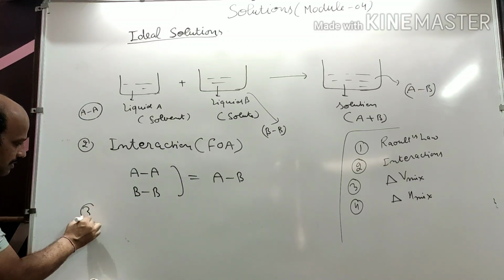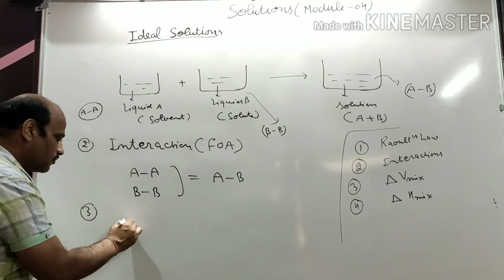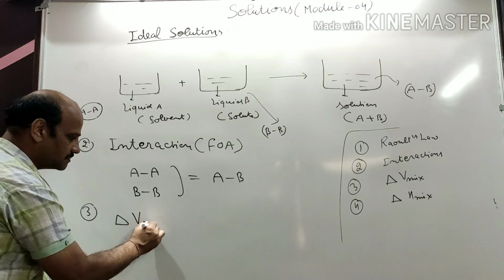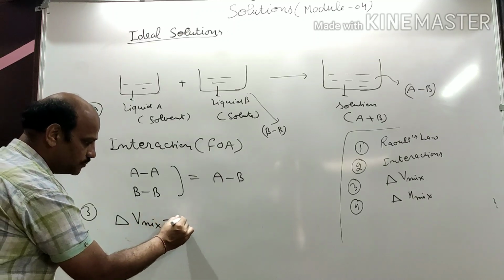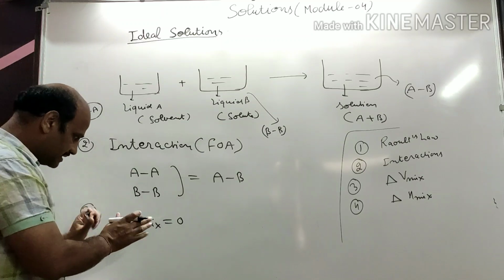Come to the third condition. Delta V mixing should be zero. You can understand it like this.